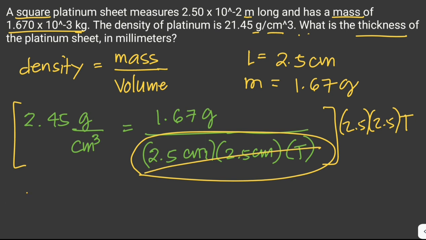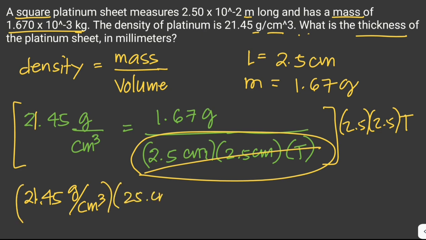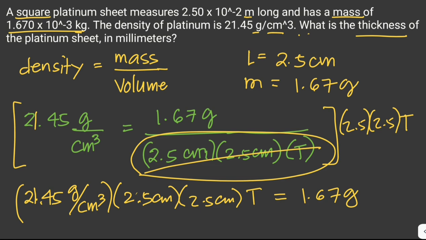So we'll have 21.45 grams per cubic centimeter times 2.5 centimeters times 2.5 centimeters times t equals 1.67 grams. Alright, the centimeters squared will be cancelled out. So we're left with grams per centimeter.